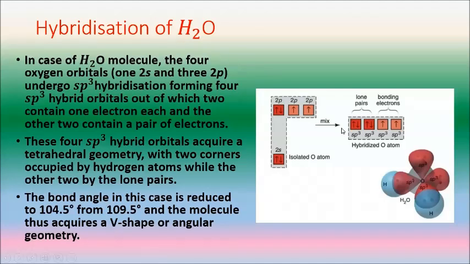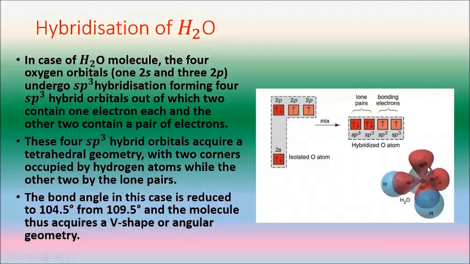And the remaining 2 will be what? Lone pairs of electrons. When placed in a tetrahedral geometry, two places are occupied by the hydrogen atoms, and the other two will have the lone pairs of electrons. So there will be lone pair repulsion.